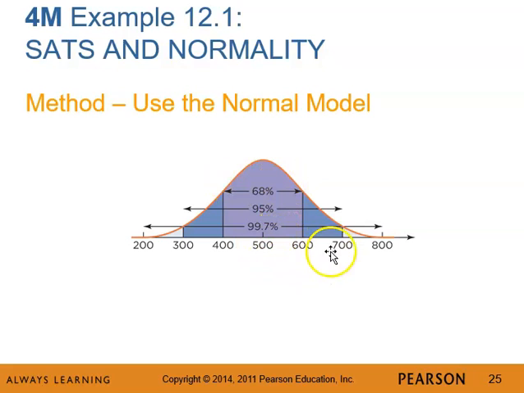Two standard deviations away from the mean, that interval of 300 to 700, covers 95% of our observations, and 3 times standard deviation away from the mean covers 99.7% of your observations. And this is actually the same thing.